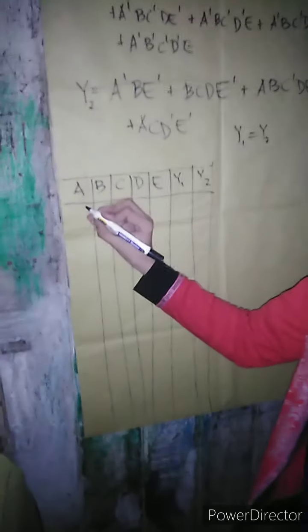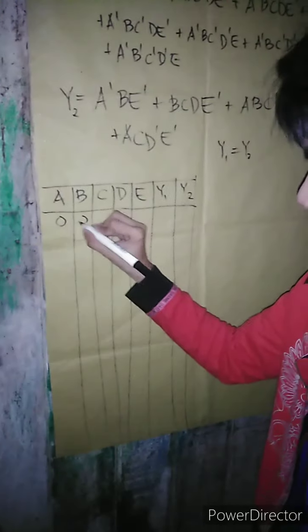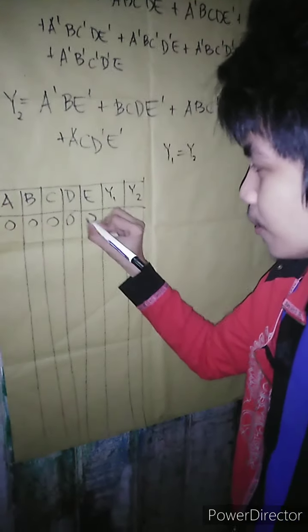Okay. Let's start with the first case, where everything is off: 0, 0, 0, 0, 0. What would be the state of these functions? To determine that, we will solve it.